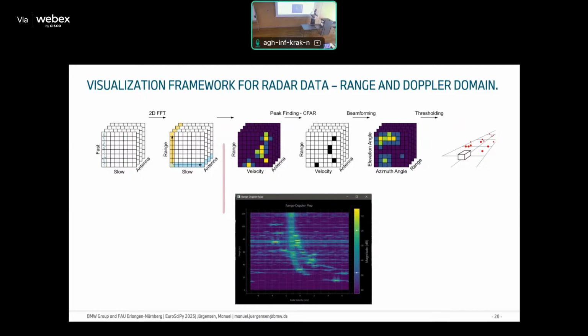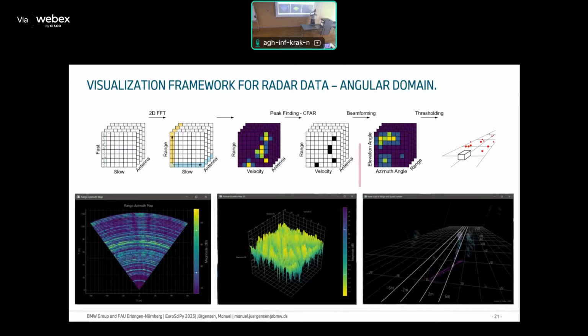So next is the range Doppler map, which you can visualize. I talked about this here. In yellow, you can see basically the targets, and that's the response from the environment to the signal you sent. Then you have the spatial domain.